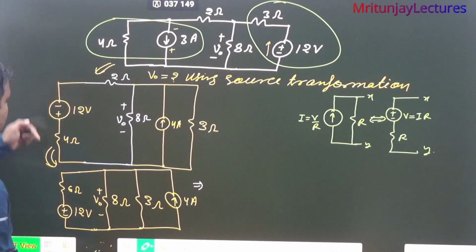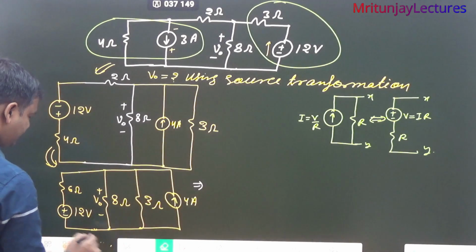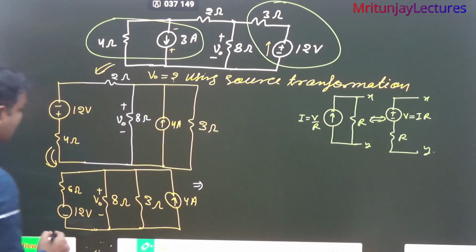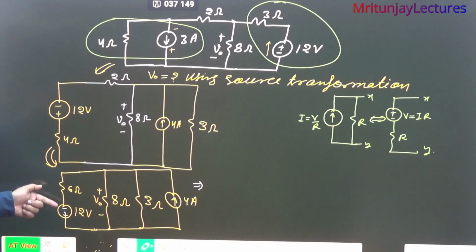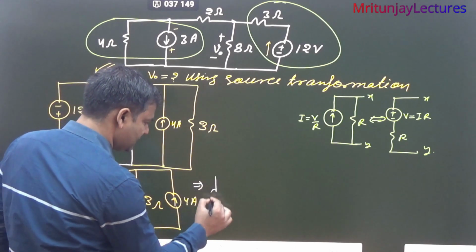Current direction downward. Why have you written here minus and here plus? Okay, so polarity is right. Now 12 divided by 6 is 2 ampere, 2 ampere downward.